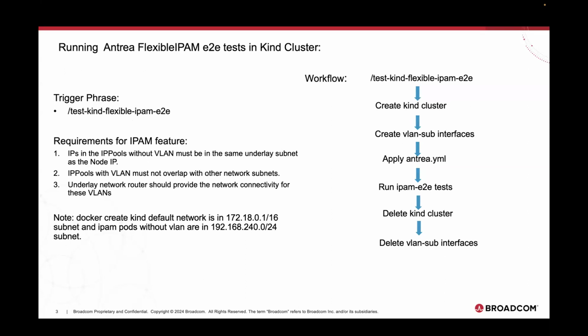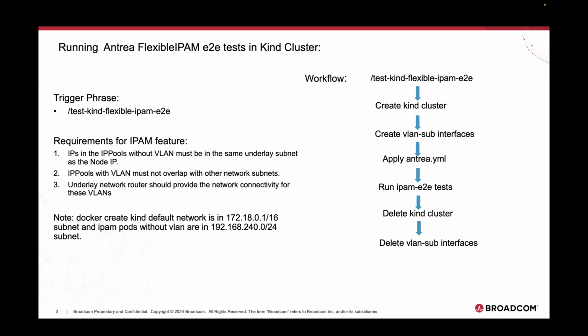The workflow is shown on the right side. First it will create the kind cluster, then it will create the VLAN sub-interfaces with the Linux bridge or kind bridge to pass the VLAN traffic. Then it applies the Antrea YAML, and after that it will run the E2E test. After finishing the test it will delete the kind cluster, and then delete the sub-interfaces from the bridge.